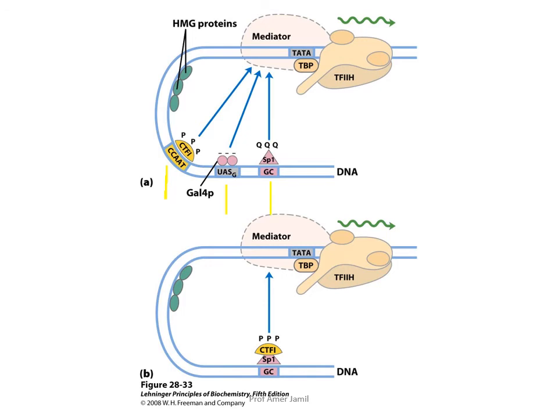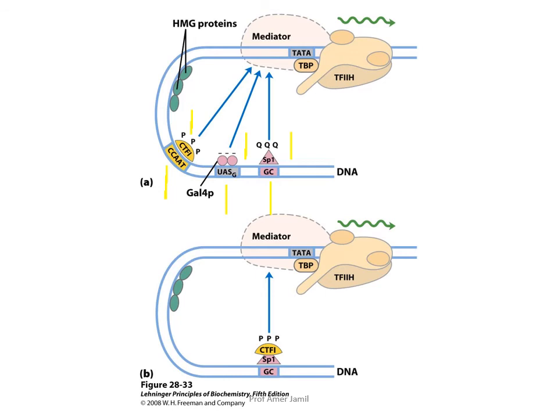All these sequences have specific activators which bind to them. This one is glutamine rich, shown by Q, this is an acidic domain, and this is the proline rich domain in CTF1. So they activate specific genes.